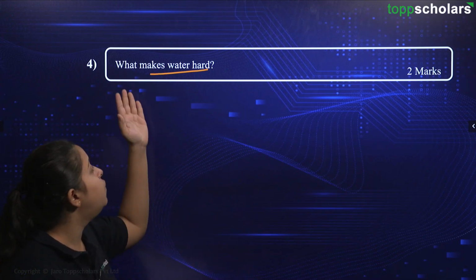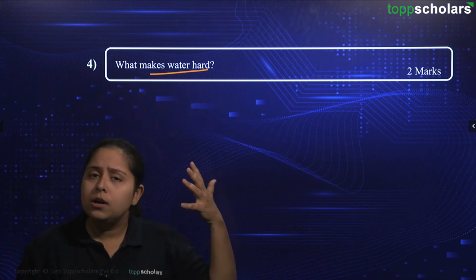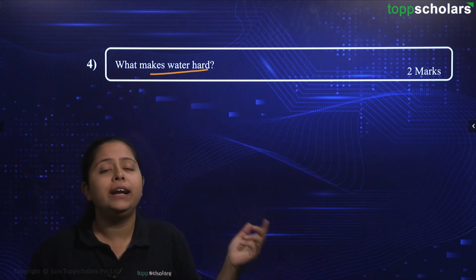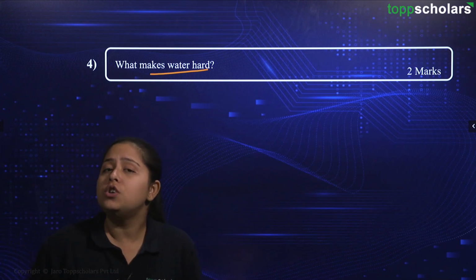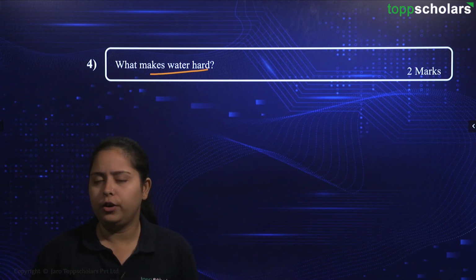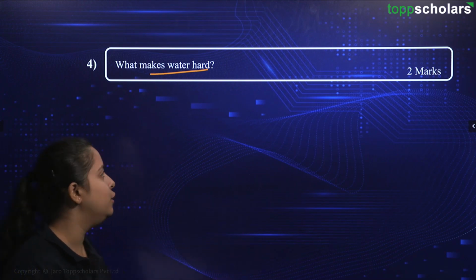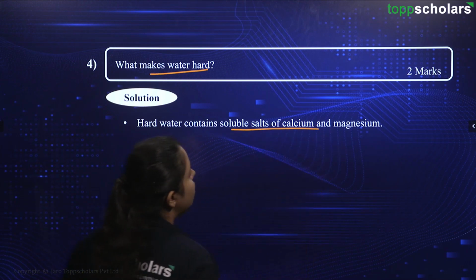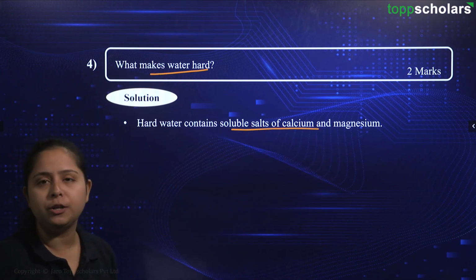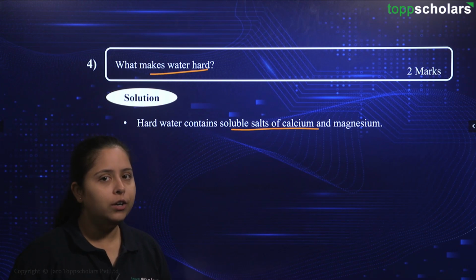Here the question is, what makes the water hard? What is the constituent of that hard water that makes it different from the soft water? So basically, friends, more salts are present in that kind of water. What kind of salts? We will see in the solution part. So over here, hard water contains soluble salts of calcium and magnesium. Okay. The water is homogeneous.